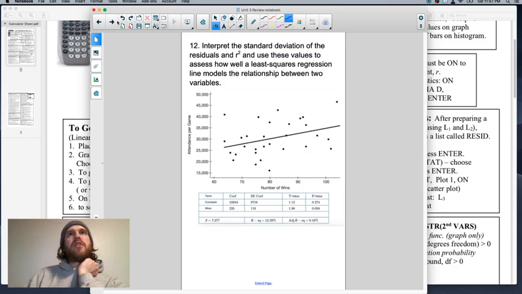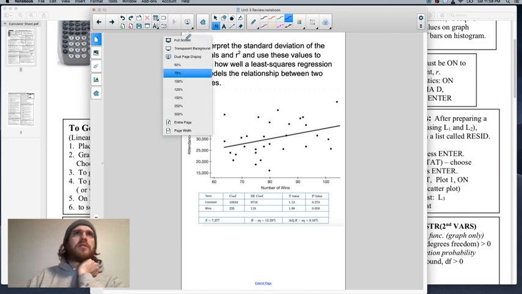12, interpret the standard deviation of the residuals and R-squared, and use these values to assess how well a least squares regression line models the relationship between the 2 variables. Okay, in this case, we need to talk about each of these individually, so I'm going to go ahead and make this larger.